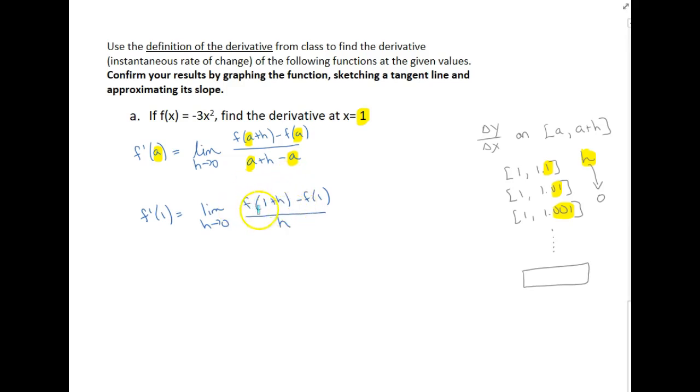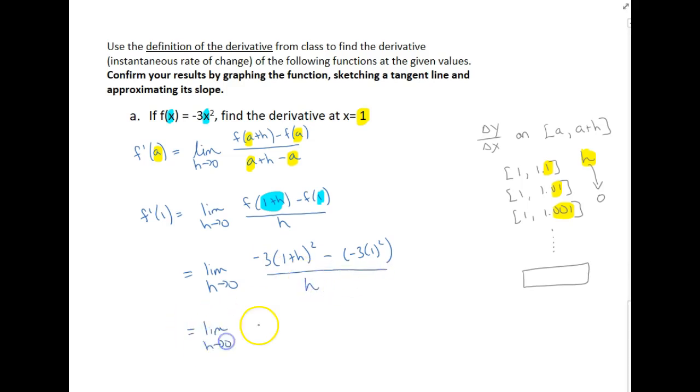I will now substitute in my values into the function. 1 plus h becomes the input, so I put it where the input is in the function, and I get a limit expression of negative 3 times 1 plus h all squared minus negative 3 times 1 squared. That's what the function says. The whole thing is divided by h.